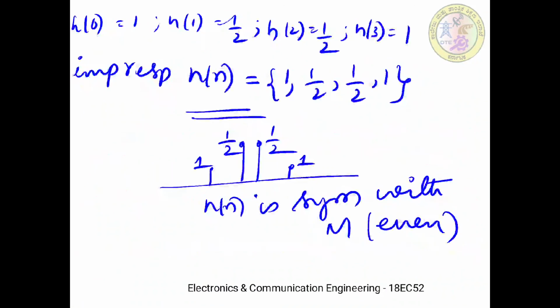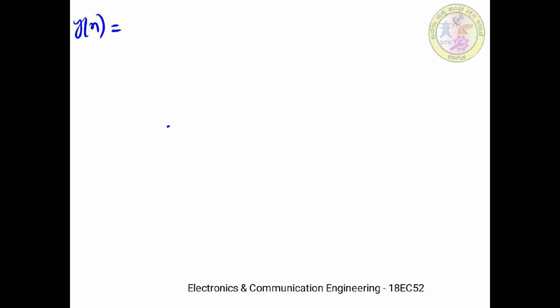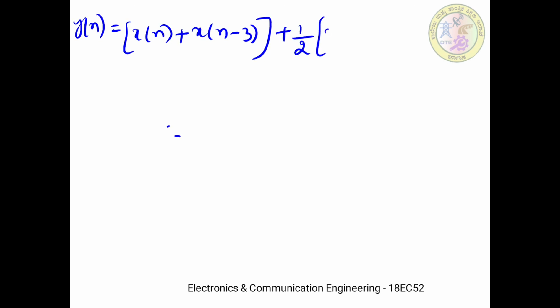So I'll write y(n) is equal to x(n) plus x(n minus 3), one group, plus 1 by 2 into x(n minus 1) plus x(n minus 2), another group. Now we can draw the realization for this.